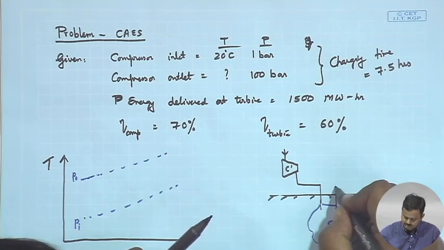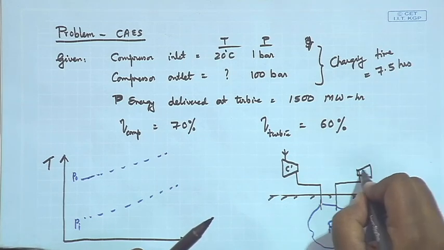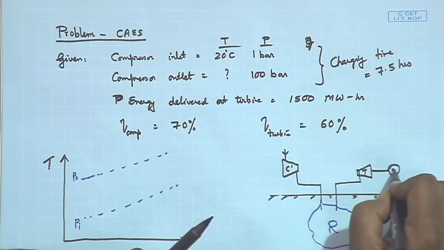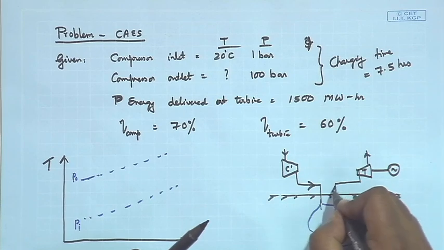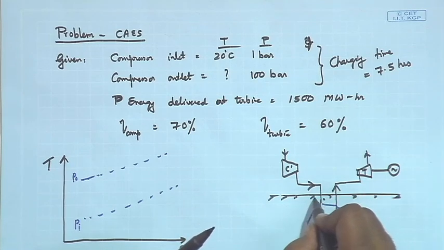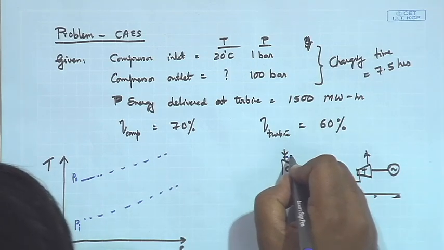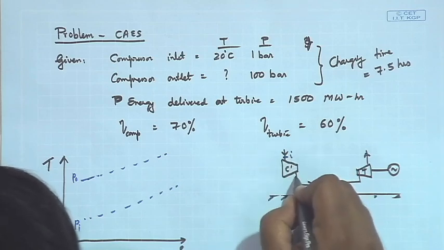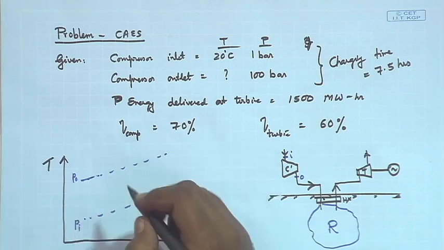Then this is my peaking turbine, and from here I get electricity and I get this exhaust, and there is probably a heat exchanger over here. So I have the compressor inlet and compressor outlet points, Pi and P naught.